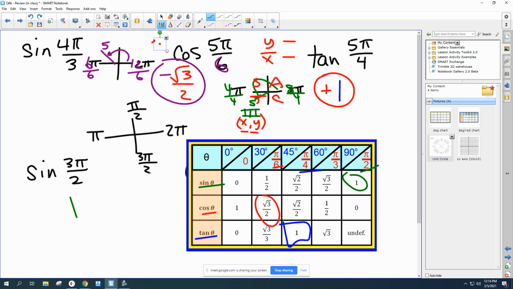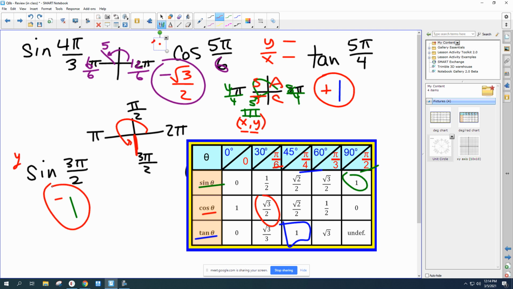So this problem is literally on the y-axis. It's this angle that points us right there, like 270 degrees if you want to go back to degrees, but we don't want to. It's just downstairs. And what do I know about sine numbers or y numbers down there? They're negative, so that's negative 1.